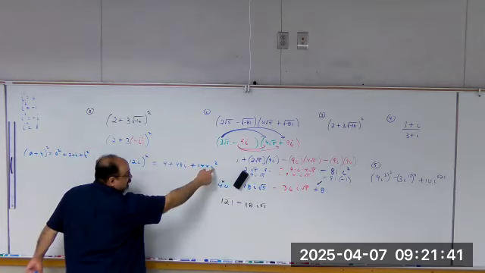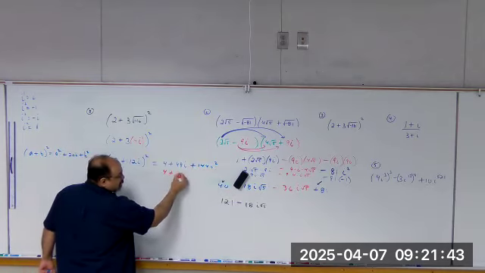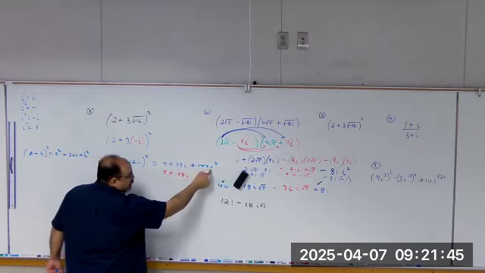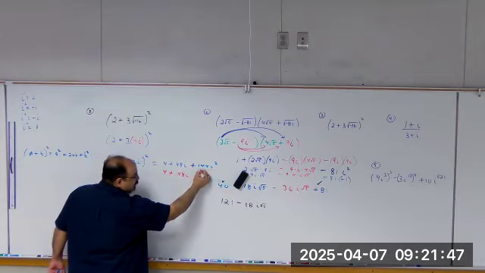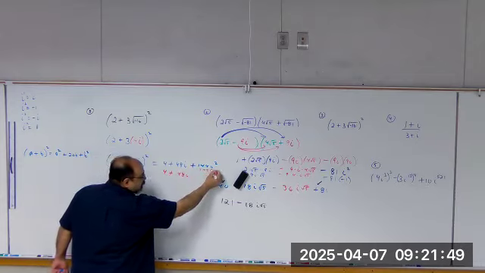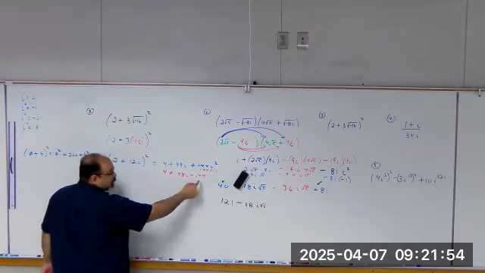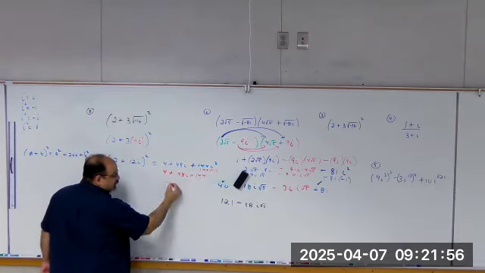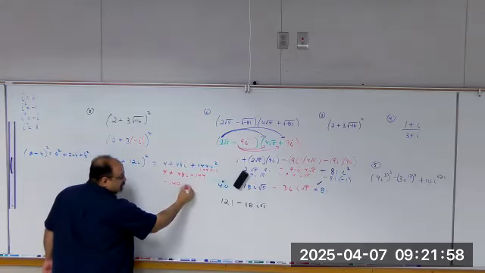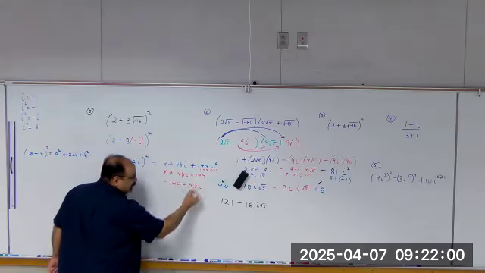You still have to simplify that i squared to 48i. 144 times -1. That's minus 144 there. 4 take away 144 is negative 140 plus 48i.